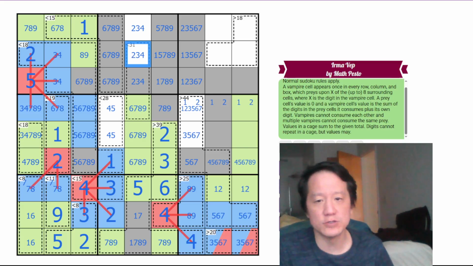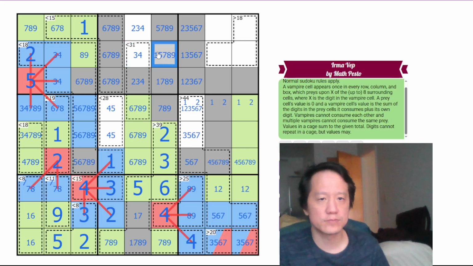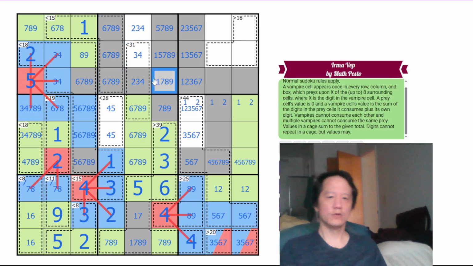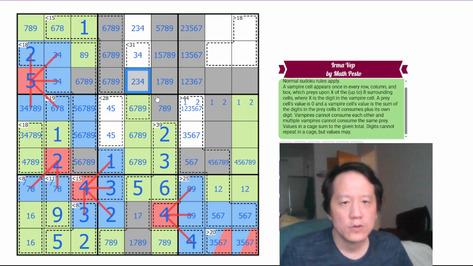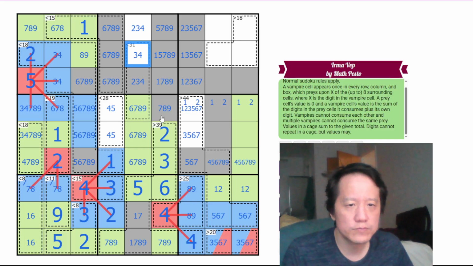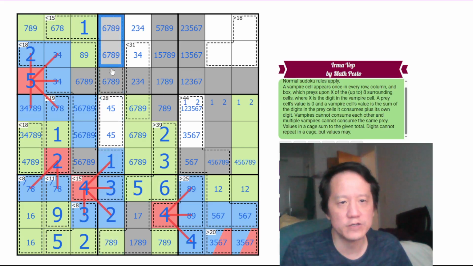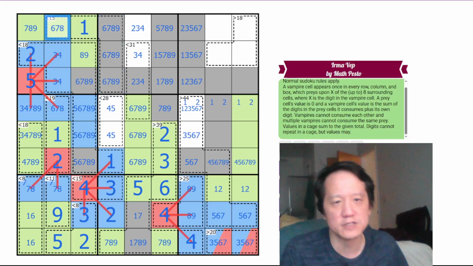Oh, this can't be 2. But this could prey on 2. One of these digits is a 6. Because this can never be 6 because of a 5, 6 pair. So one of these digits is a 6, which means this can never be 6.